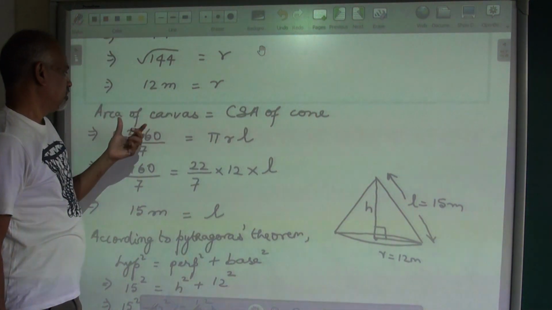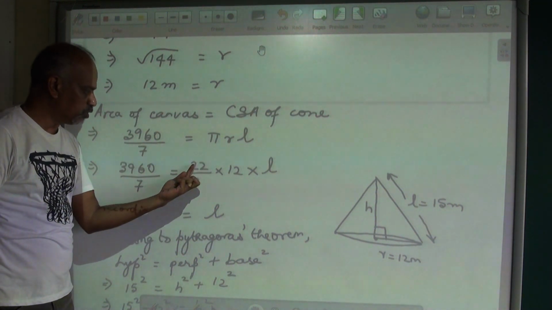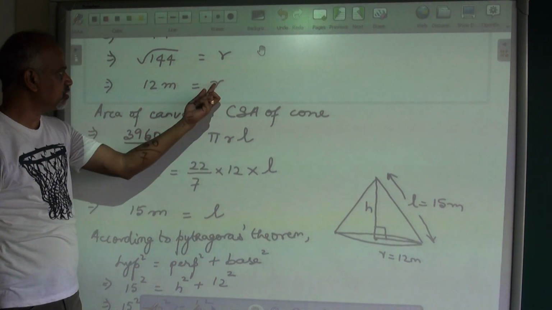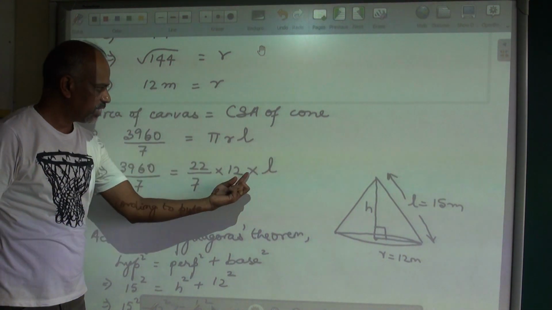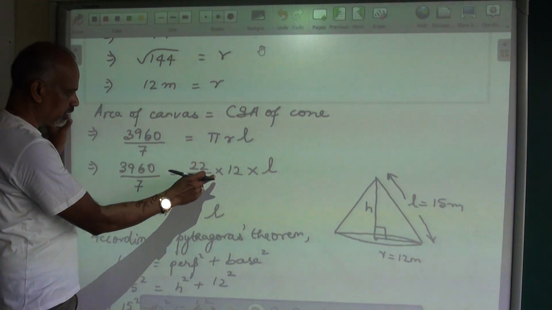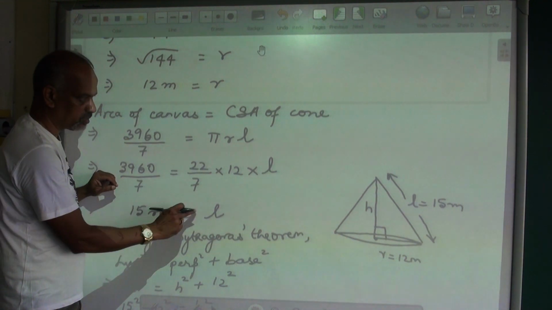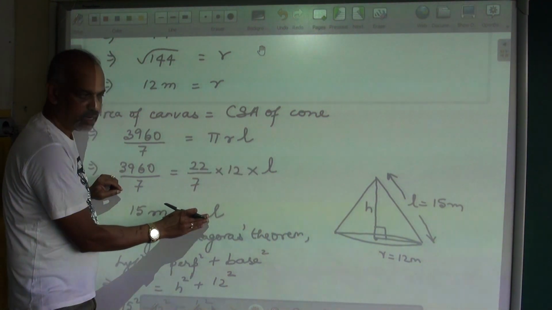So 3960 by 7, the same thing, is equal to pi value 22 by 7 into radius you found just now, that is 12, into l, which is what you can find here. If you simplify this, you will get 15 meter as the value of l, which is the slant height.